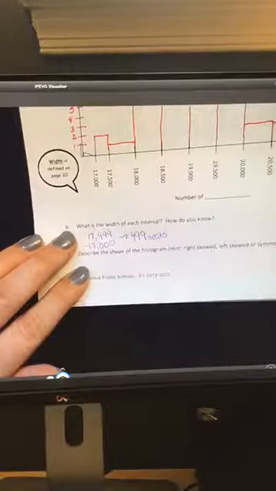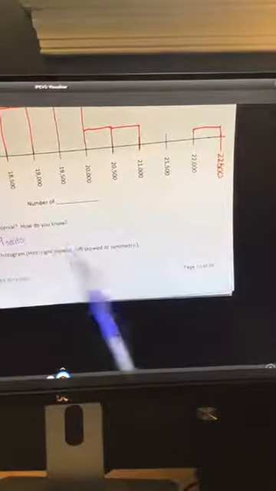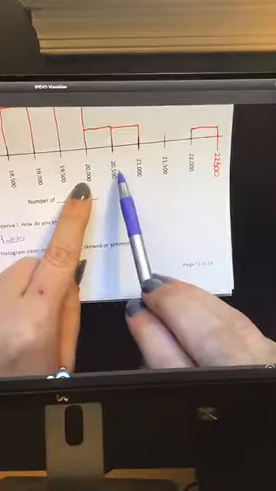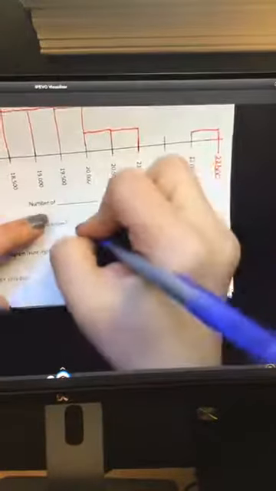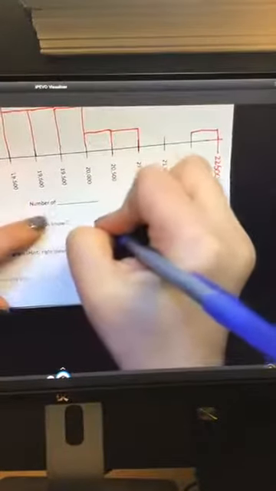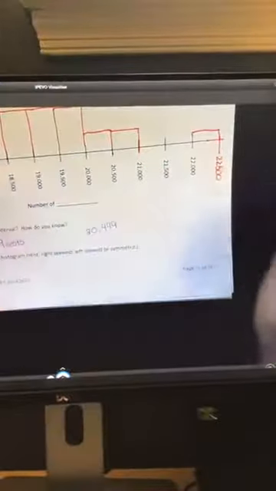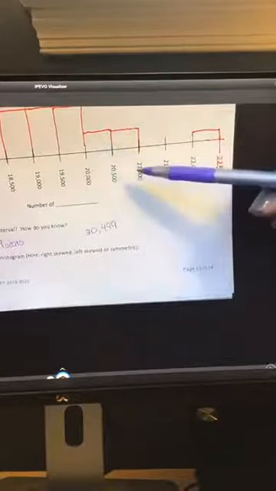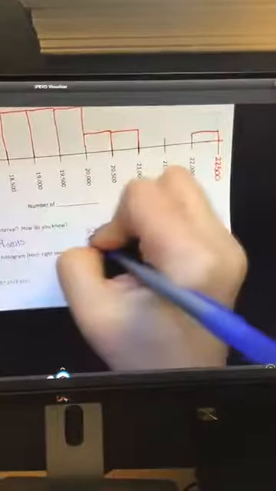Now, just to make sure that is correct, we're going to pick an interval from further down here, do the same math, and if it's correct, we should get the same answer. So if I look at 20,000 to 20,500, remember, our interval actually stops at 20,499 because 20,500 is included in the next interval.